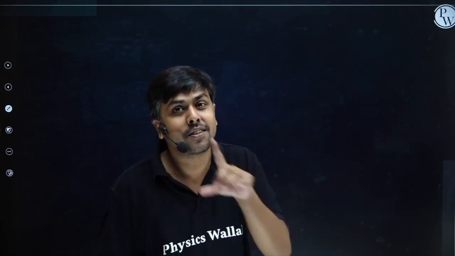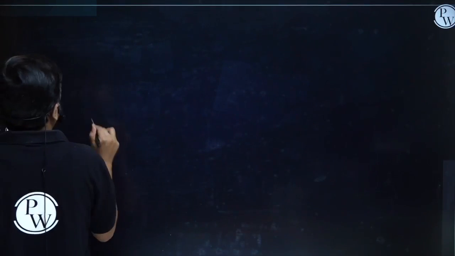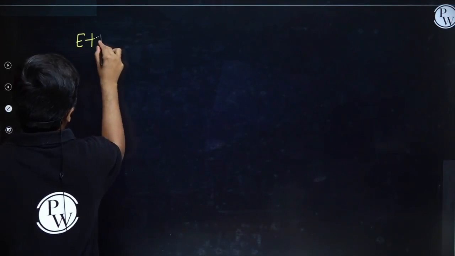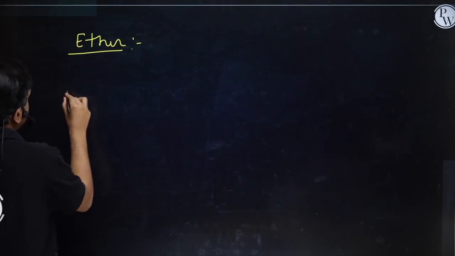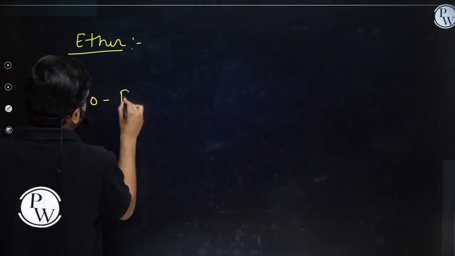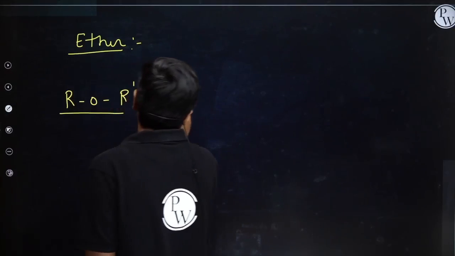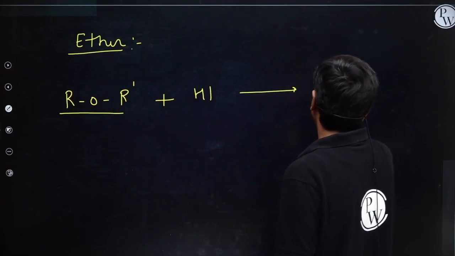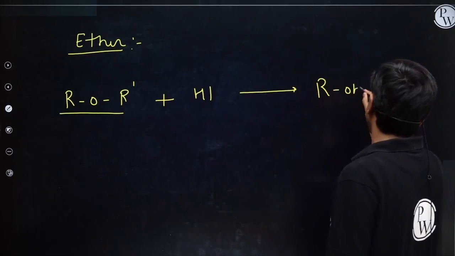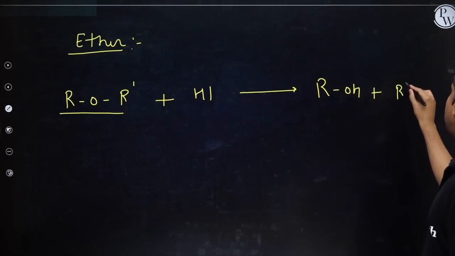Reaction of ethers with HI. Let's quickly revise that. From ether, synthesis of alkyl iodide. I'm having ROR', one unsymmetrical ether, and this unsymmetrical ether is treated with HI. I will have the formation of ROH plus R'I.